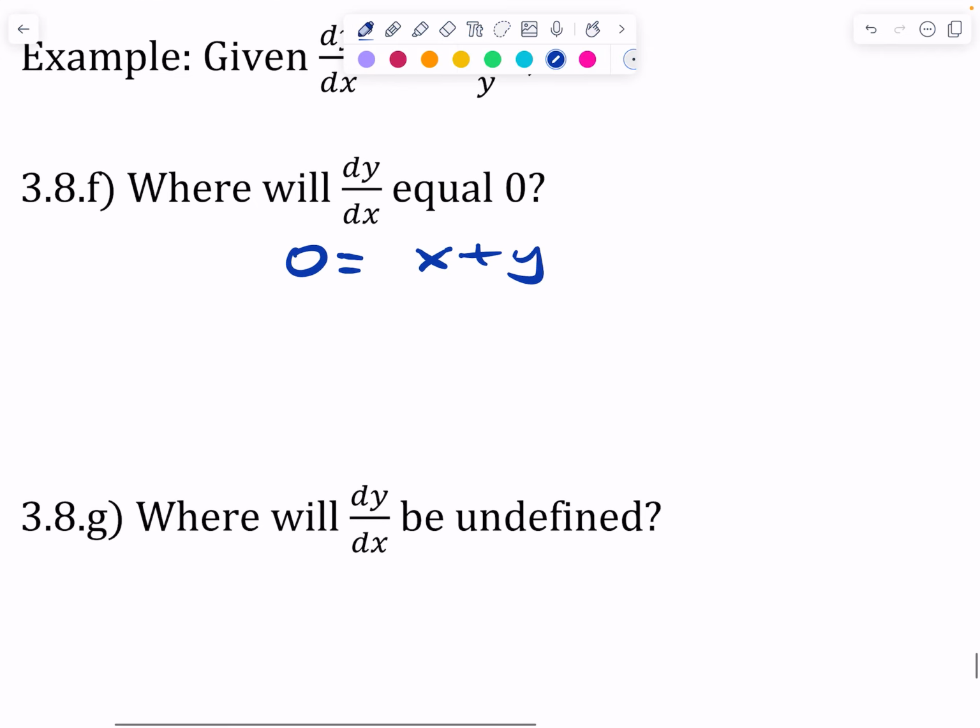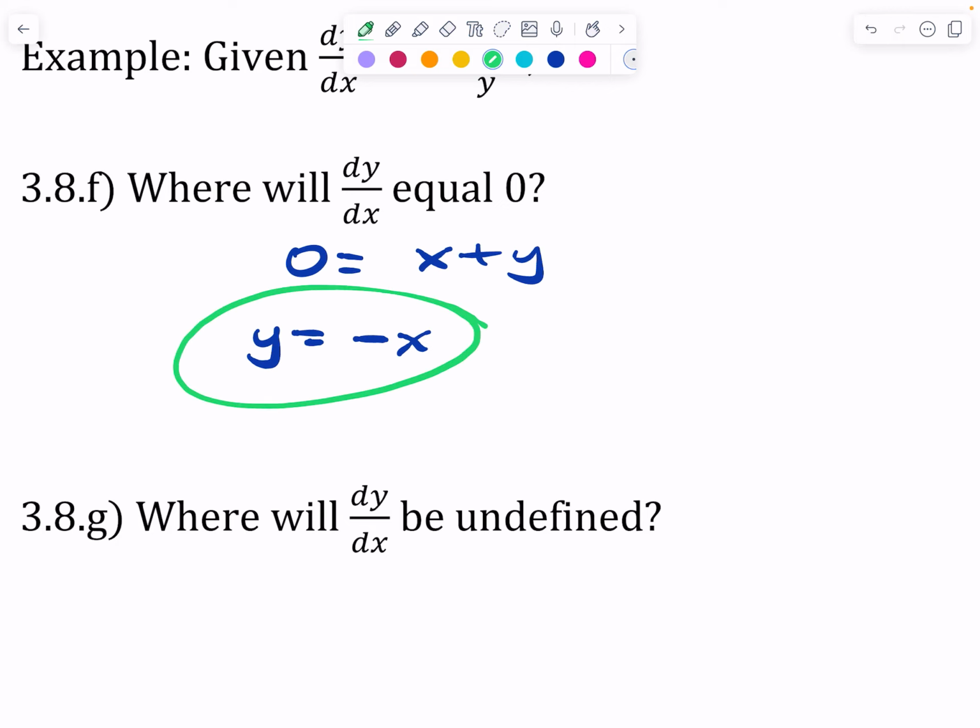So where does dy dx equal 0? That's where y is equal to negative x, right? If I just take this x and move it to the other side. So along the line y equals negative x, we're going to have a slope of 0.